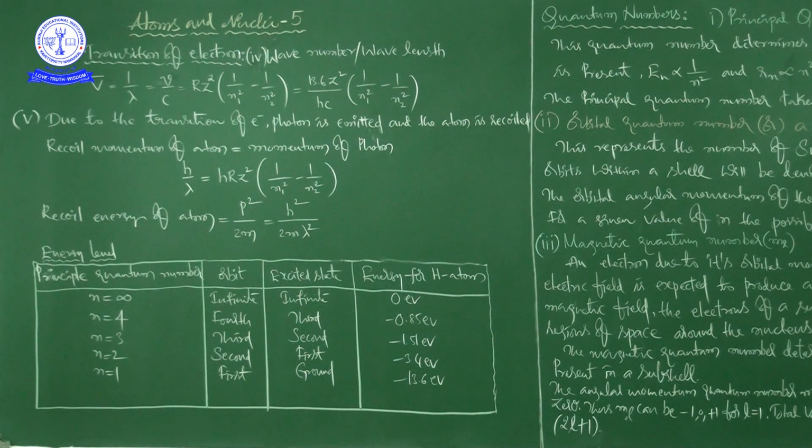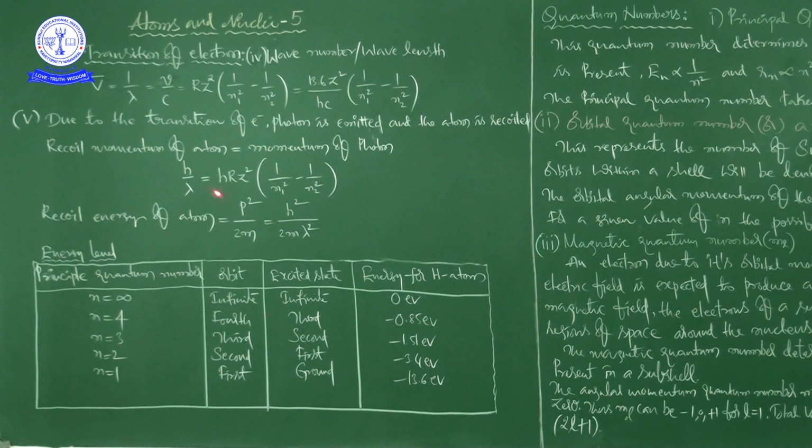So based on that, what can we say? This is h by lambda, and that is equal to h R z square into 1 by n1 square minus 1 by n2 square. Due to the transition of electron, a photon is emitted and the atom is recoiled, okay.